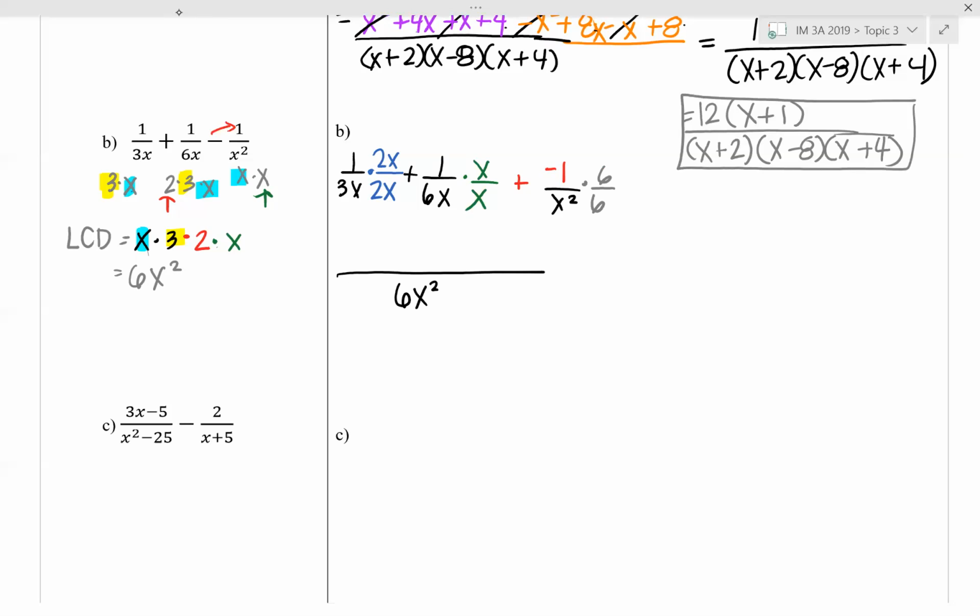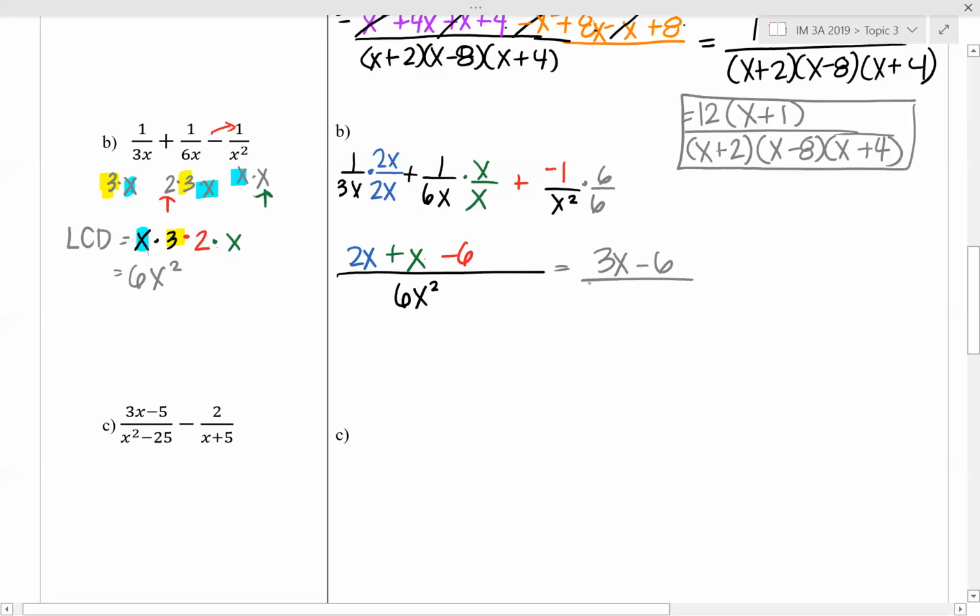For my first numerator, 2x times 1 is just 2x. My second numerator is 1 times x, so I'm just going to add x. And then my third numerator, I'm doing plus negative 1 times 6, so that's just going to be minus 6. So looking at that, our numerator is going to be 2x plus x is 3x minus 6 over 6x squared.